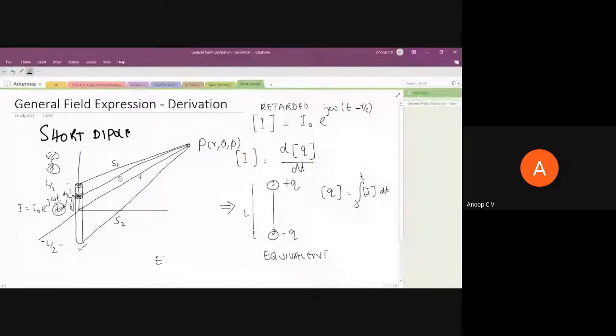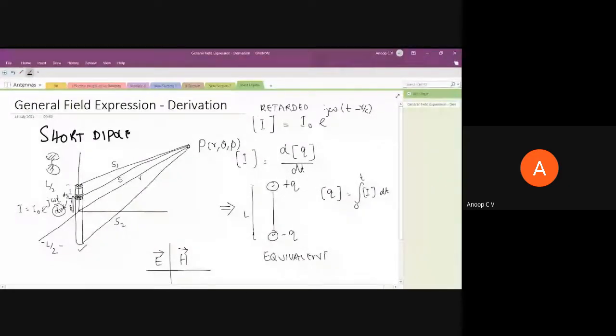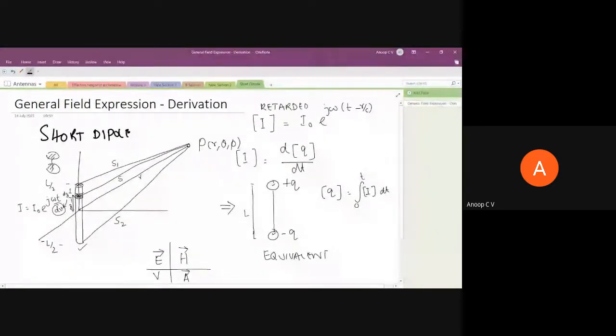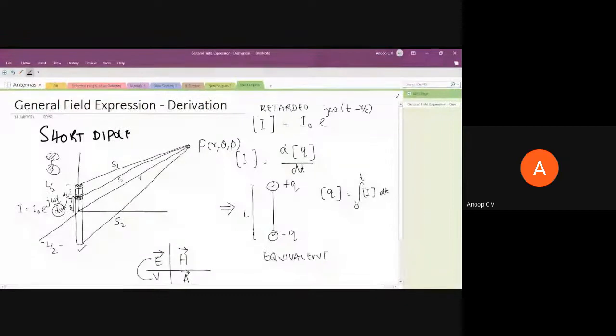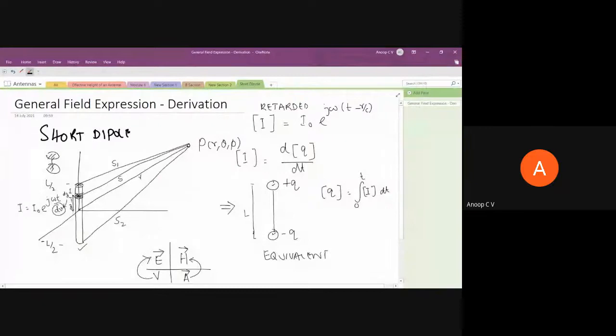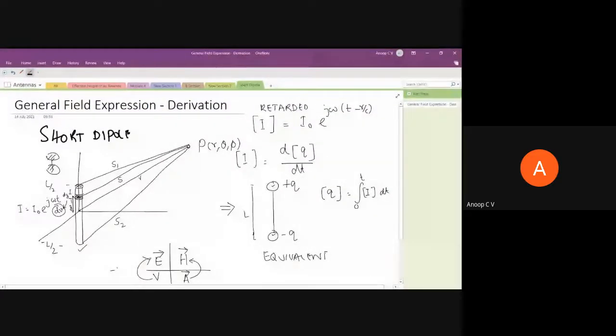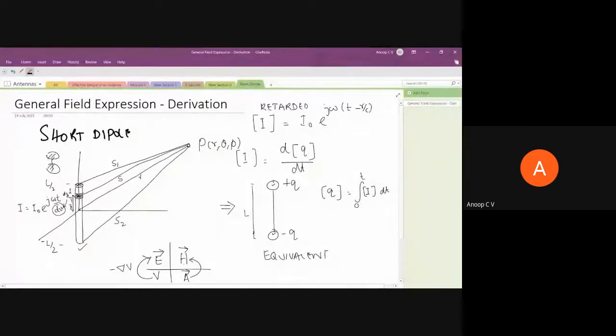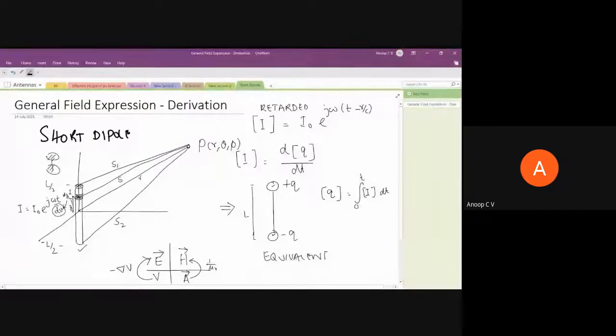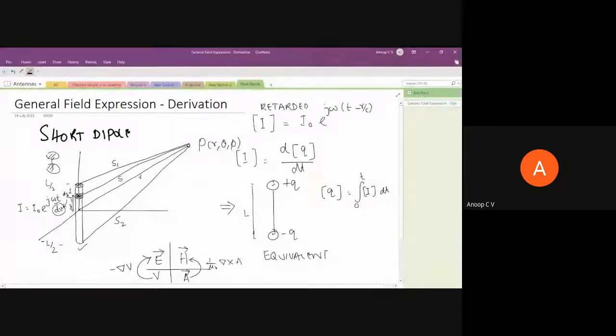Instead of directly finding vector E and vector H, we'll first find the scalar electric potential V and the vector magnetic potential A. From V, I can find E as the negative gradient of the potential, and from A, I can find H as 1 by mu naught times del cross A.